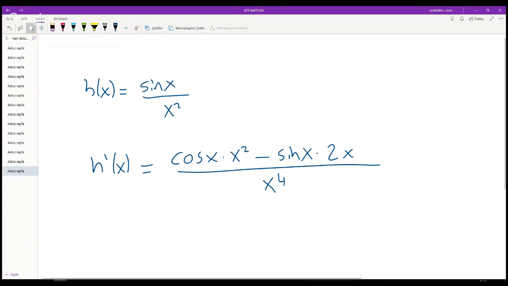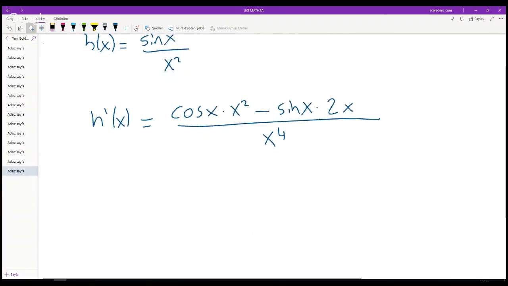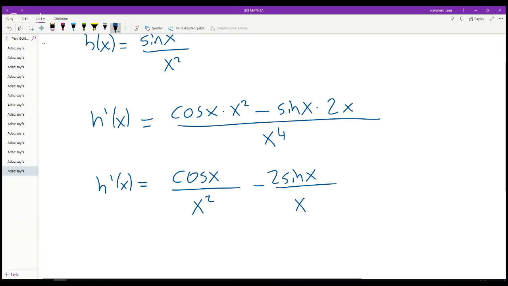So this is the first derivative. I'll need the second derivative, but to make it easier, I will write this in two parts. The first one, cosinus x over x squared minus sinus x, 2 sinus x over x cubed.